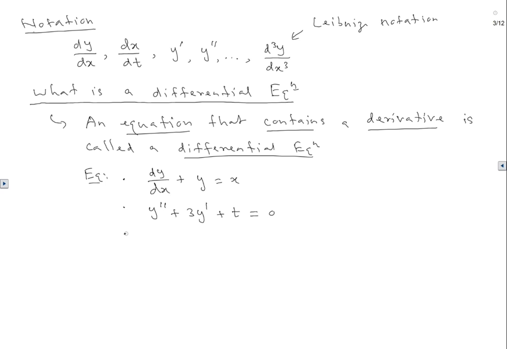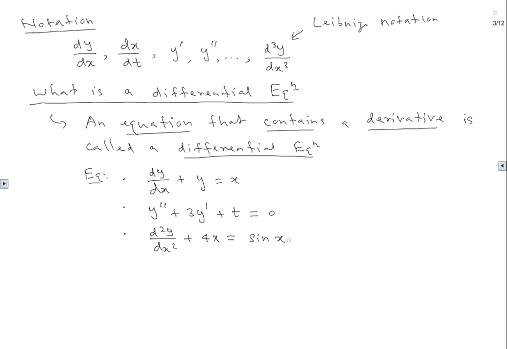And what about this one? d squared y over dx squared plus 4x equal sin x. You have to think about what is the independent variable. Here the independent variable is x. In the previous one the independent variable is t. The first one, the independent variable is x again.